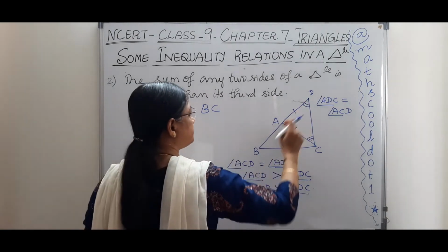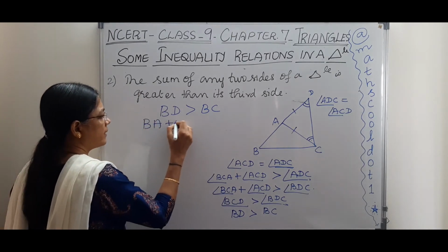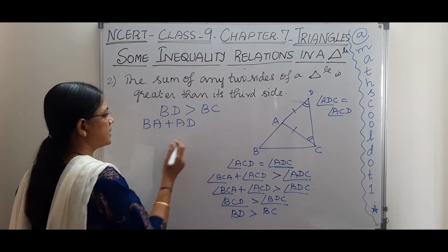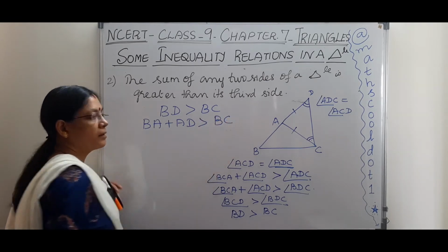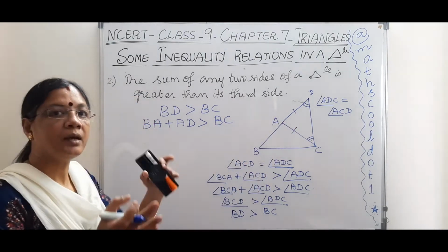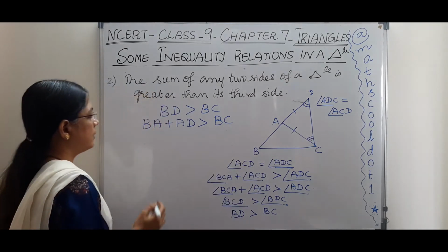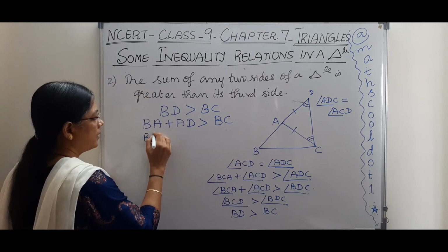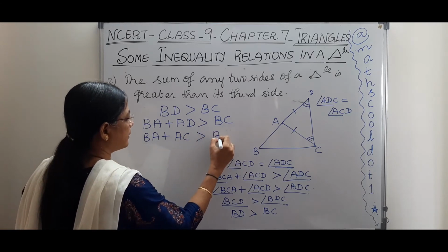But what is BD here? We have extended this, isn't it? So BD is equal to BA plus AD, which is greater than BC. What is AD here? By construction, it is equal to AC, right? AC has been marked there. So BA plus AC is greater than BC.